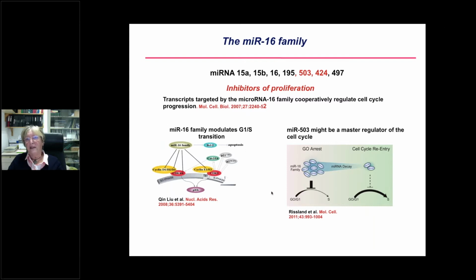One of the mechanisms that appear to be involved in the inhibition of cell proliferation by the thyroid hormone receptor beta is the induction of microRNAs with tumor suppressor activity, and more specifically, these two microRNAs, 503 and 424, of the microRNA 16 family, that act as inhibitors of proliferation, were induced by the thyroid hormone, as we will see.